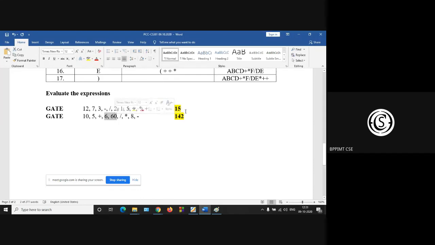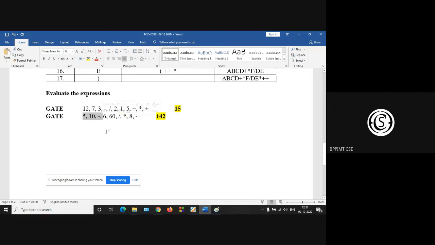Suppose this is minus, and this is 5, and this is 10. Sir, can you please repeat, because I got disconnected due to my network connection? Suppose this is 5, this is 10, and this is minus. What will be the output?